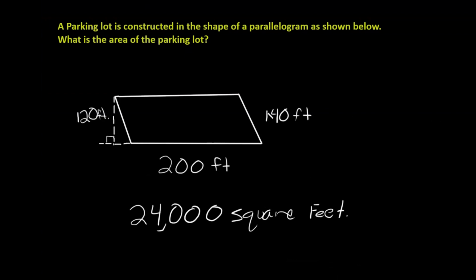And I want to emphasize that the length of this slanted line is not the height. The height is the distance between parallel lines, and this is not a parallel line. So the height here is not 140, it is 120. So our area is 24,000 square feet, and we are done.